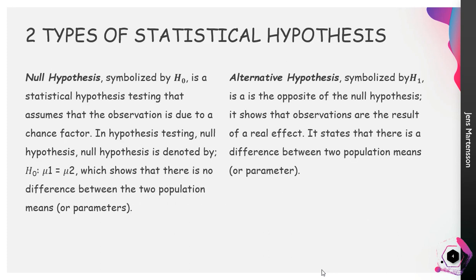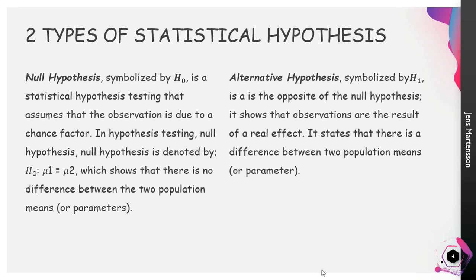So, in statistical hypothesis, there are two types. We have the null hypothesis and then the alternative hypothesis. Unahin kong i-discuss sa inyo si null hypothesis. Pag sinabi nating null hypothesis, mga anak, this is the statistical hypothesis na kung saan there will be no significant differences existing between the set of variables.